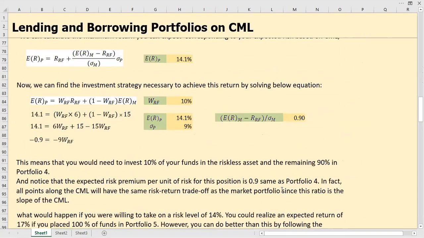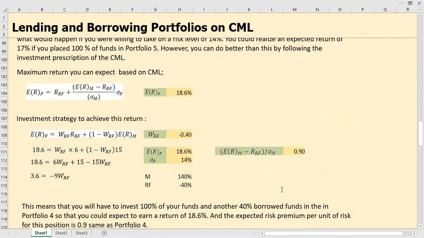So for that particular purpose, we will have to discuss the security market line, SML, where it will give us the theoretical background to estimate the expected return for any security in the market, even for a portfolio, even for the market portfolio, even for an individual asset.